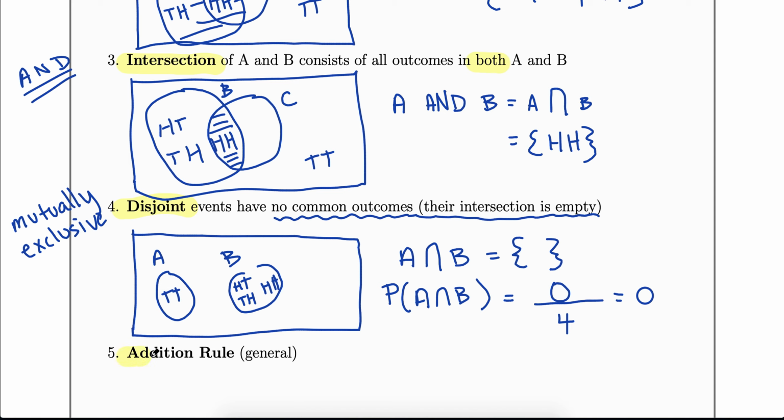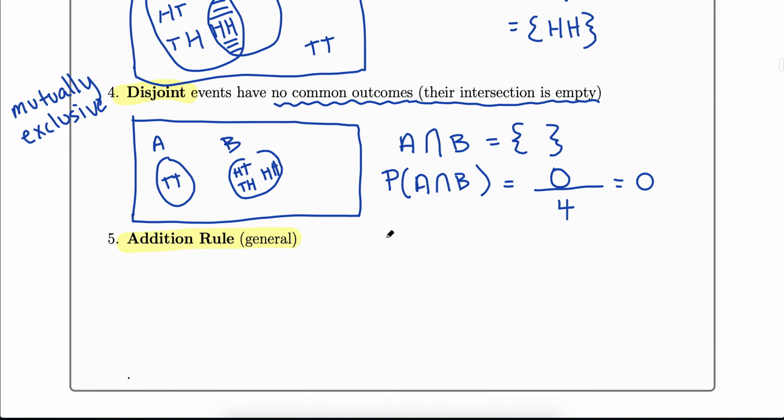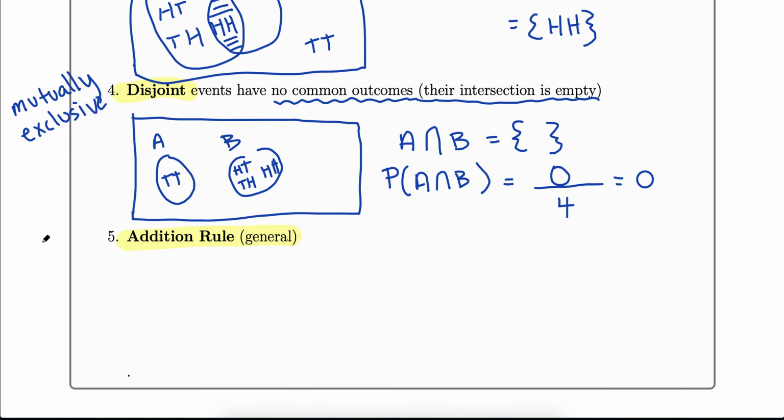All right, let's check out the addition rule. So our next kind of formula here. And addition, you want to associate with unions. So "or at least one." And I'm going to give you this general rule. It works for any events A and B when we're interested in the probability of the union of those.